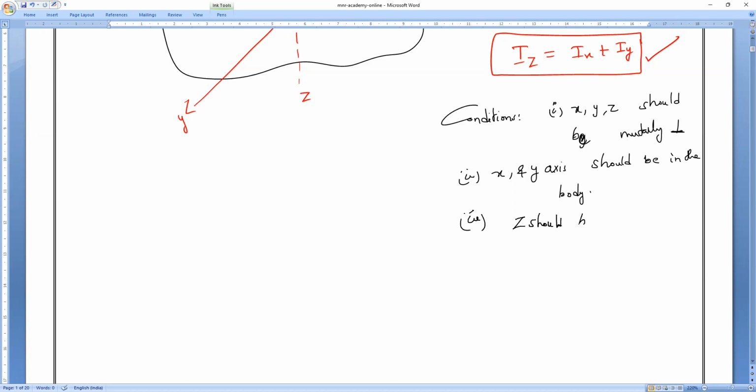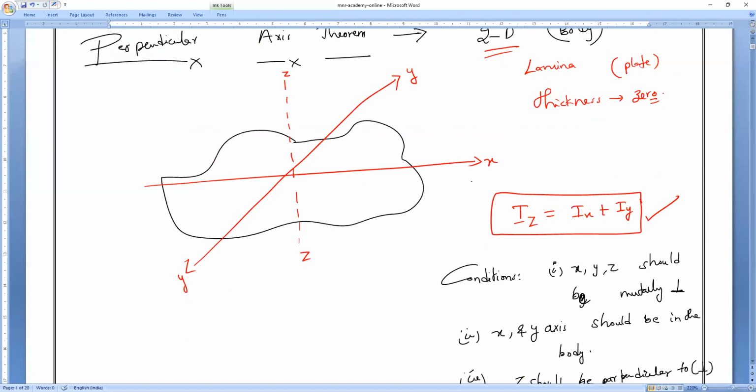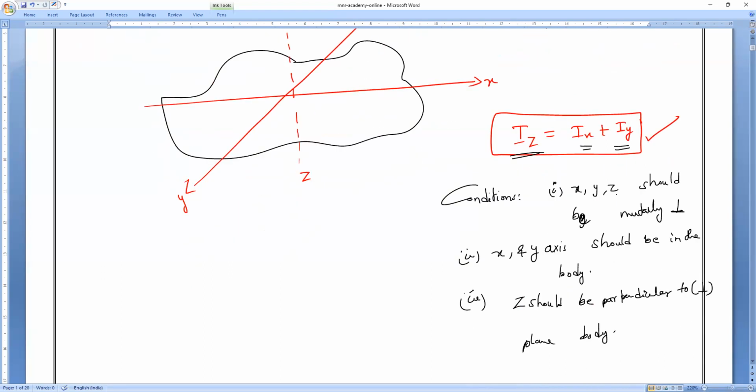So these are the three conditions required for the perpendicular axis theorem. So what is the perpendicular axis theorem, everybody? The moment of inertia about the z-axis is equal to the moment of inertia about the x-axis plus the moment of inertia about the y-axis. That's all. Understand?